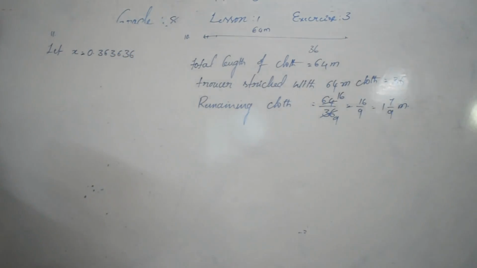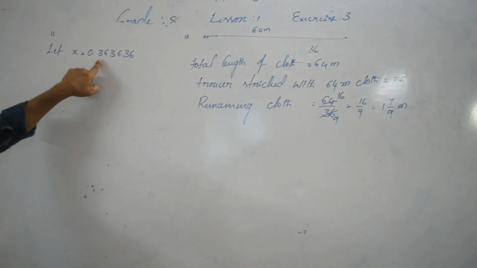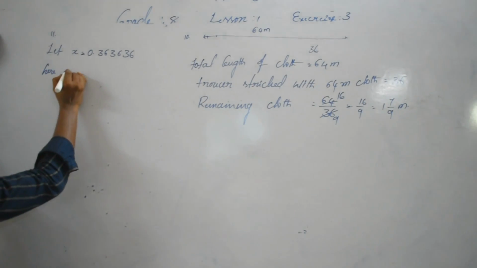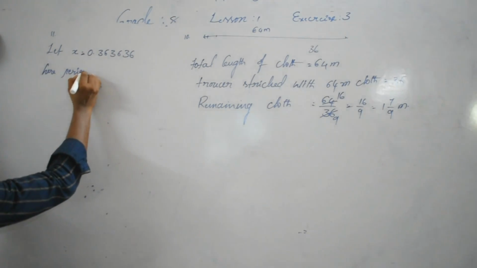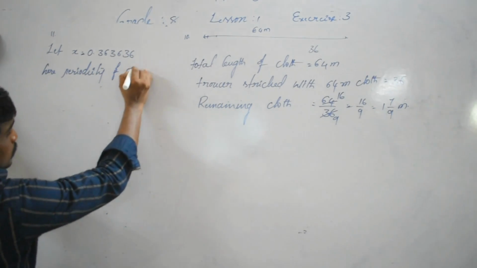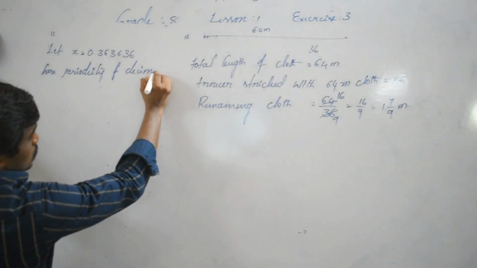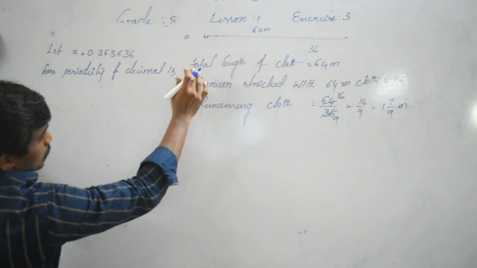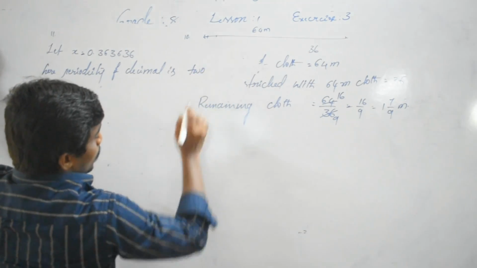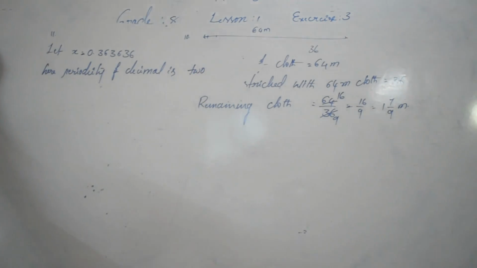Here periodicity, how much is given? 36 is repeated. Here periodicity of decimal is 2.